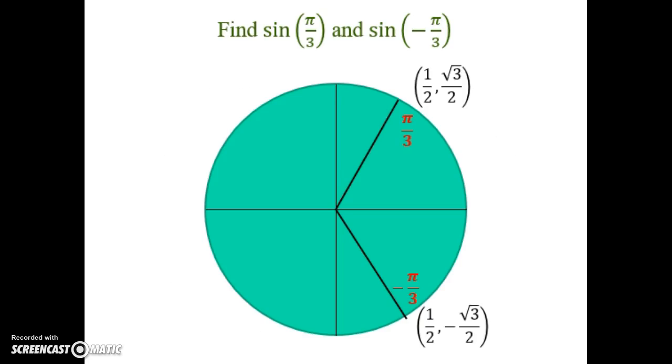Let's go back to our unit circle, and we're going to find the sum of the sine of pi over 3 and the sine of negative pi over 3. So here, in essence, we have the sine of x and we have the sine of negative x. Specifically at pi over 3, we can see that the sine value is positive square root of 3 over 2. And we can see at negative pi over 3, the sine value is negative square root of 3 over 2.